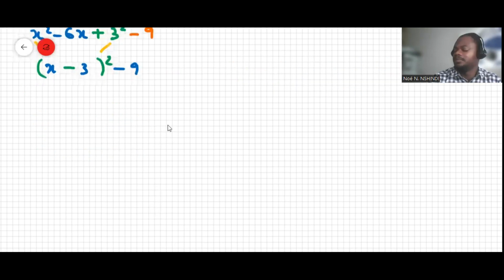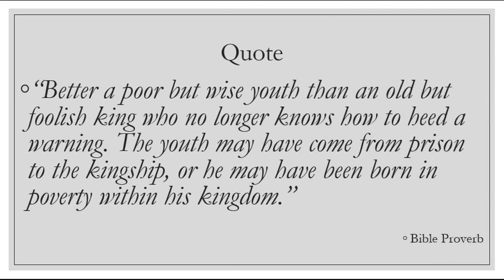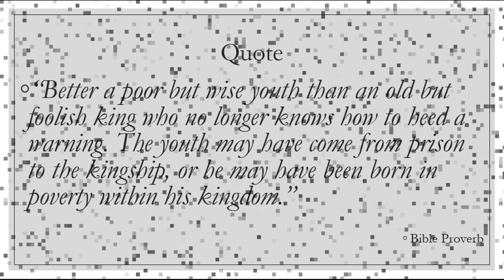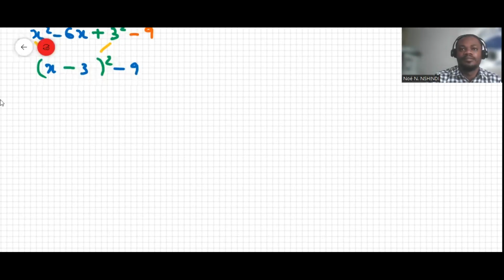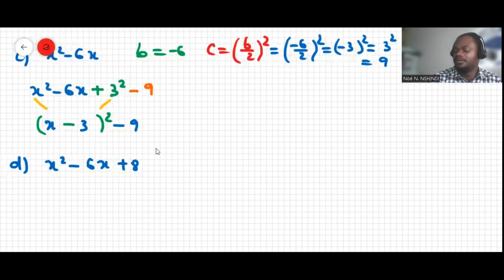Now we can take another example, D. D is given by x squared minus 6x plus 8. Okay. We already worked out the negative 6 here. We found that B equals negative 6, and then we calculated that if I set negative 6, then we get 3 squared, which is 9.